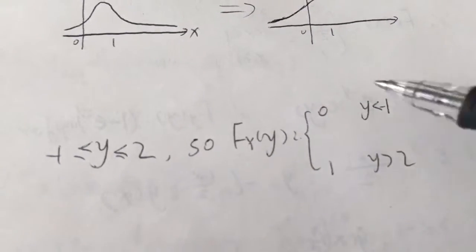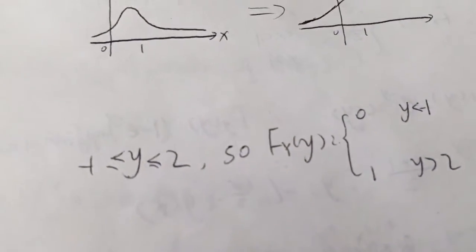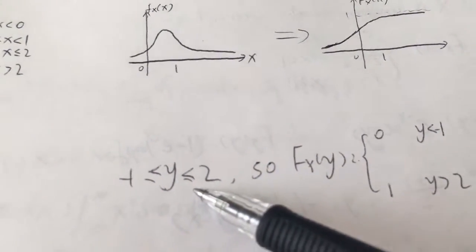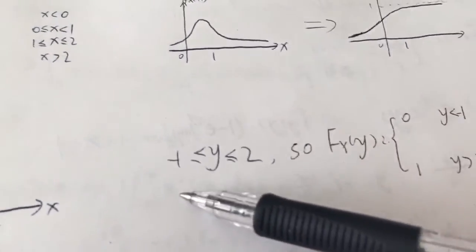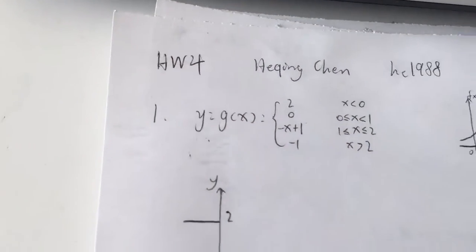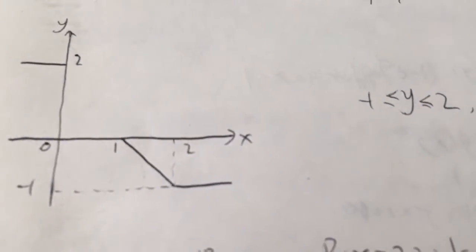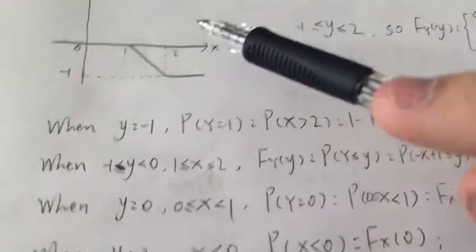So we got this. Now in this interval, we need to find the distribution function of y and the density function of y. So we need to divide it and consider different cases.